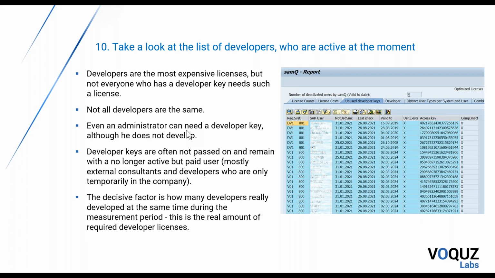So what is the right interpretation here? It is difficult and not absolutely clear in SAP's contracts, in SAP's use rights. I think we need to adopt an ethical standpoint and say, well, the number of developers that I have on average in my company, or at the actual point in time, is what we should take as the basis. We normally like to complete those measurements with real user lists, so first names and family names, and say, well, these are the people who are really developing in our company and really need a developer license.